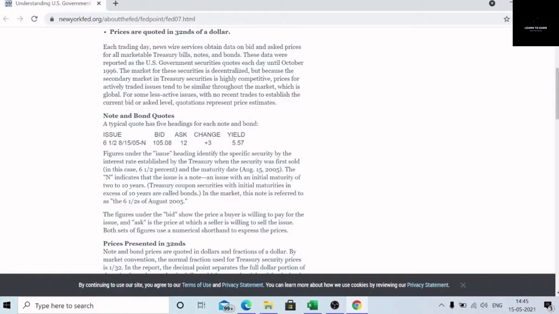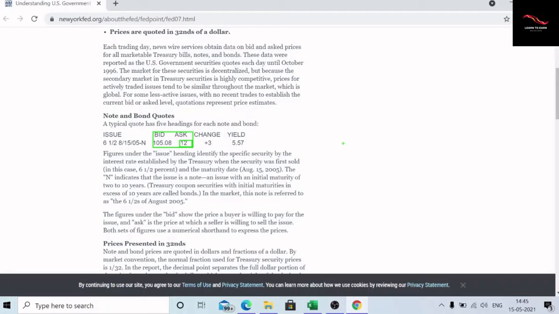Now the quote for this bond here is 105.08 and 105.12. As per market convention, they don't write the initial big figures, so it is 105.12.